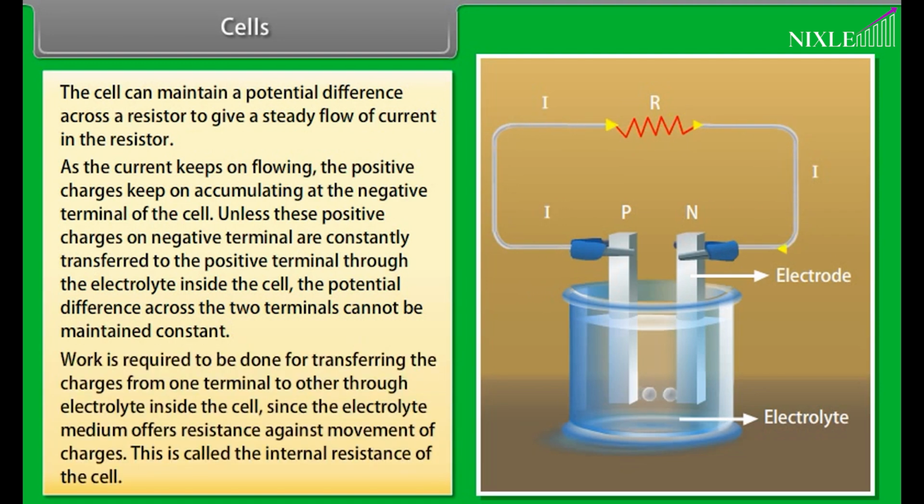Work is required to be done for transferring the charges from one terminal to the other through electrolyte inside the cell, since the electrolyte medium offers resistance against the movement of charges. This is called the internal resistance of the cell.